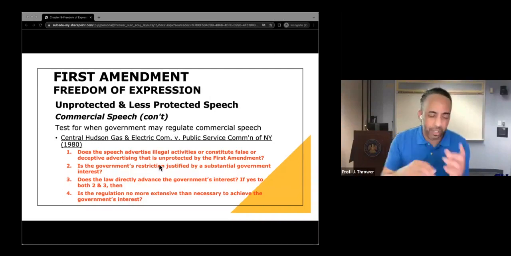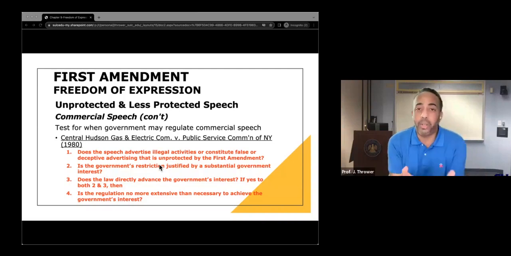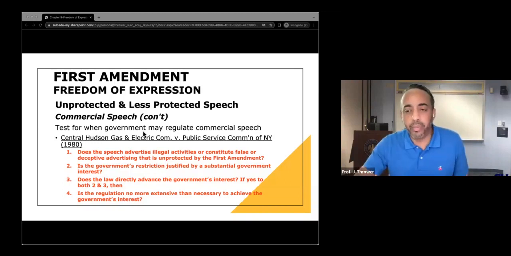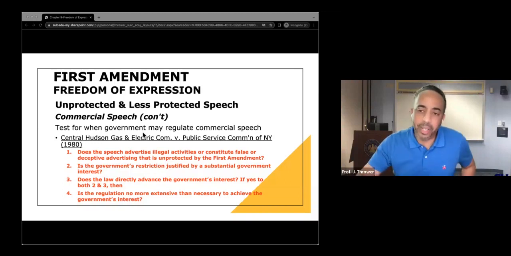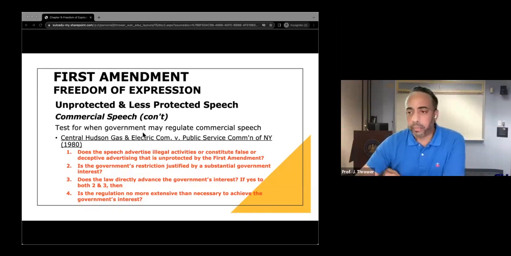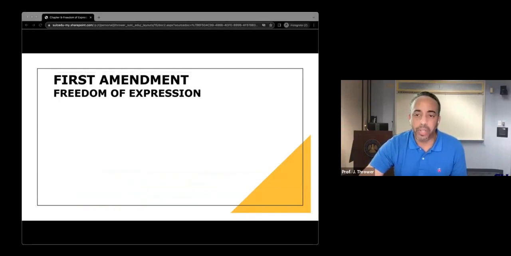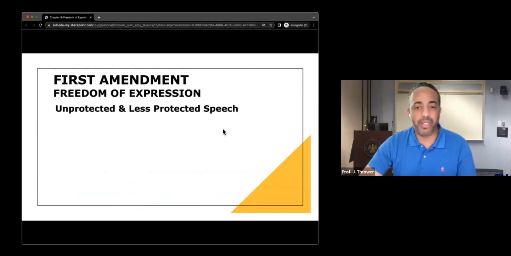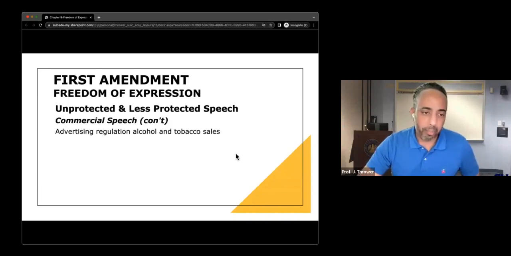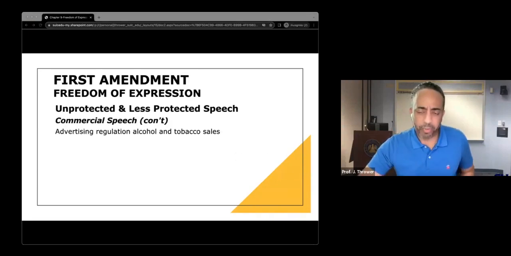That's essentially number 2 and 3, which sounds very much like intermediate scrutiny, and that fourth prong of, is the regulation no more extensive than necessary to achieve the government's interest? Those areas come up in the regulation of ads to discourage certain types of behavior, namely alcohol sales and tobacco advertising. And we see that implicated in a couple of cases in our reading.